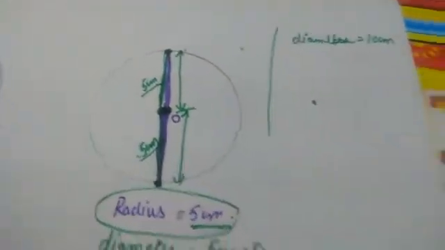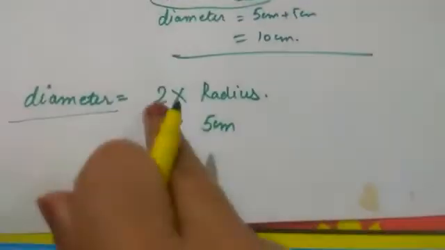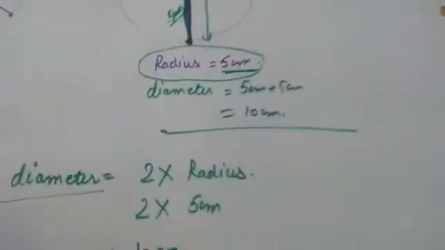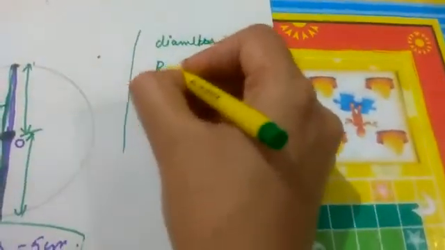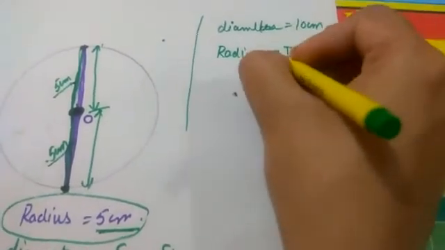When we have to calculate the bigger quantity, we multiply, because multiplication makes the number larger. But now we have to calculate the radius, and we know the radius is smaller than the diameter. If the radius is smaller than the diameter, that means we have to divide it, so divide it by 2.